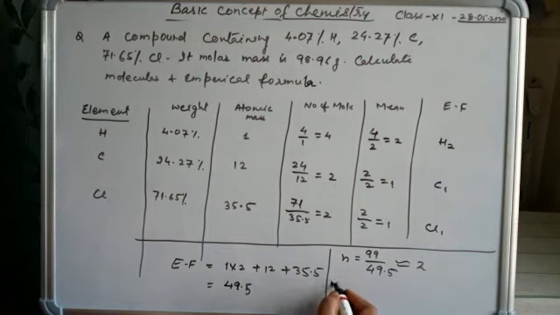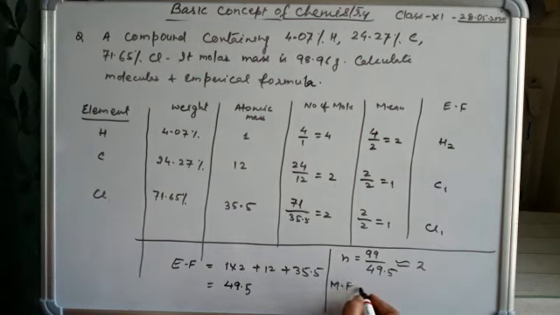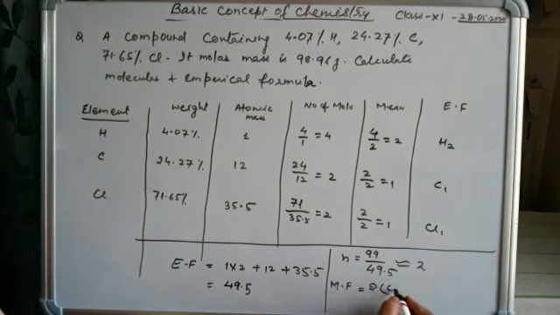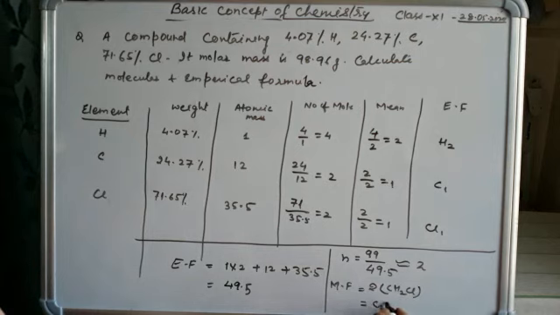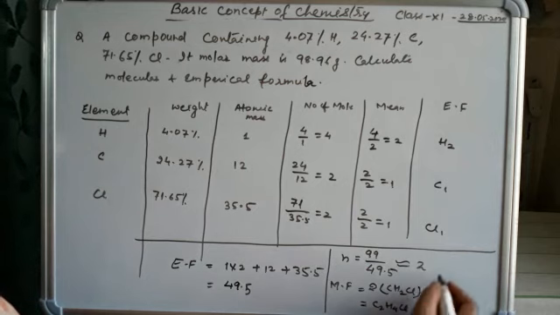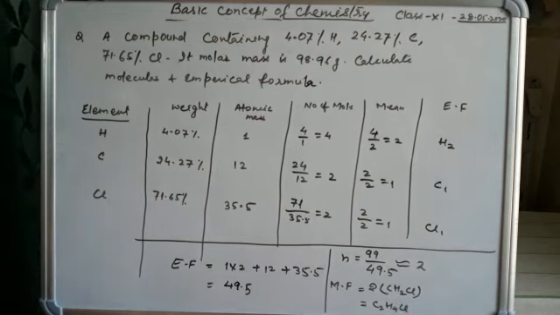So the molecular formula is 2 into CH2Cl, and it becomes C2H4Cl2. So this is the problem based on the molecular formula and empirical formula. In the next class we will discuss another topic.